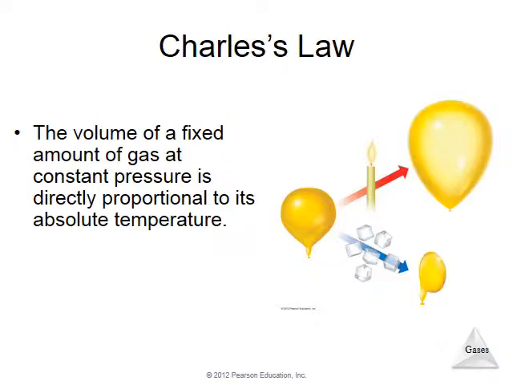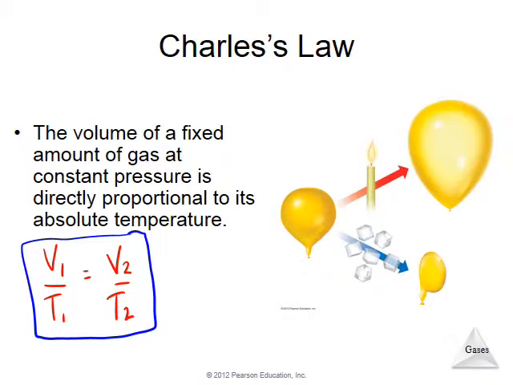The way that we write that equation for Charles' law is V1 over T1 is equal to V2 over T2. I've got that in a different color, I'll put a different colored box around that one. That equation is going to be important for you to remember too.